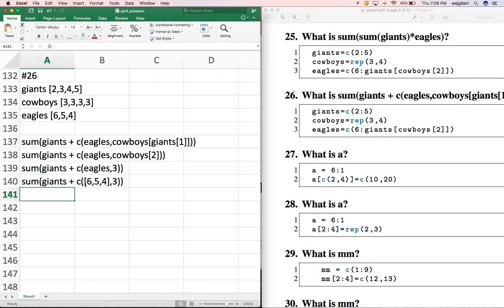So the C function of 654 comma 3 gives me what? It gives me giants plus 6543, right? And now I have another vector mathematics situation. Giants is going to be 2, 3, 4, 5.